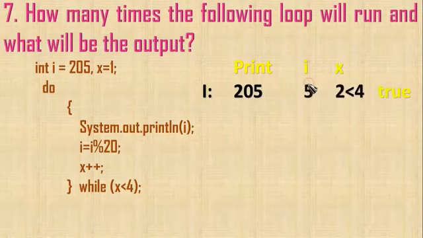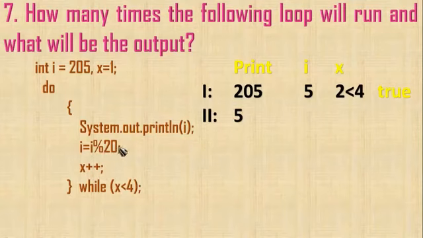So i's value becomes 5, and then x plus plus is given. x value becomes 2. And then that is lesser than 4, it is true. So it will enter the next time.